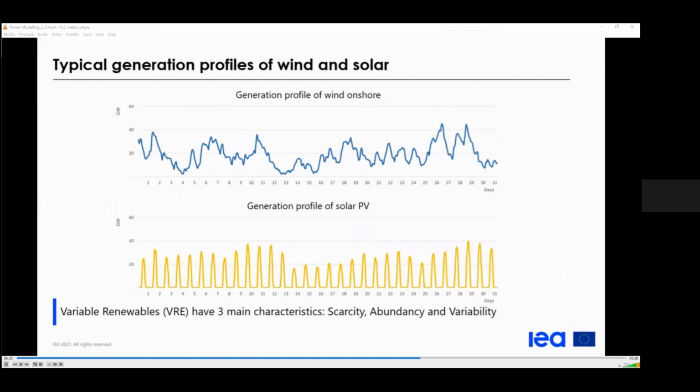And we can see on this slide how these outputs evolve over time because they are linked to the natural resources, they are linked to meteorological conditions. So this variation can lead to several consequences that can be summarized with really 3 main characteristics. That would be scarcity, abundancy, and variability.